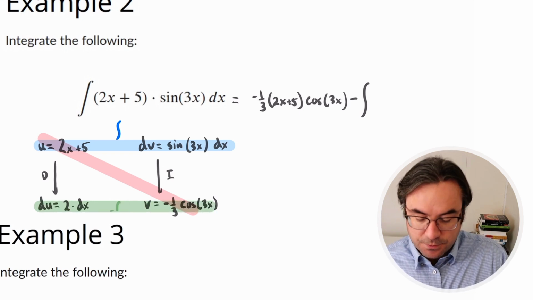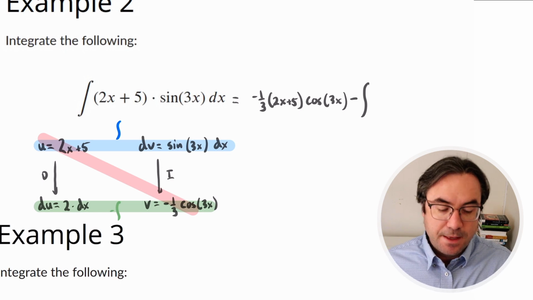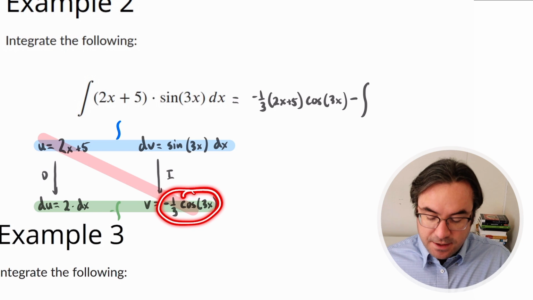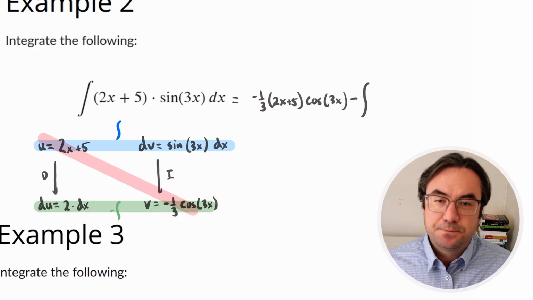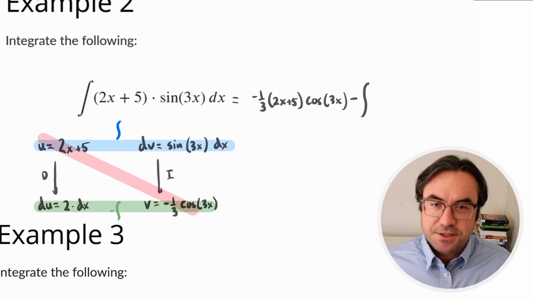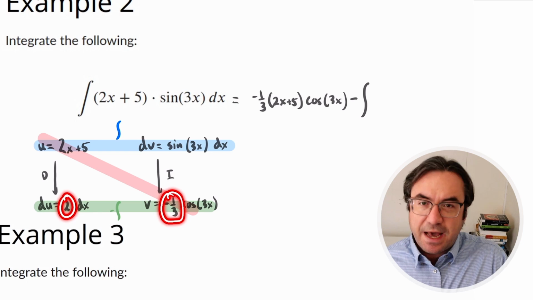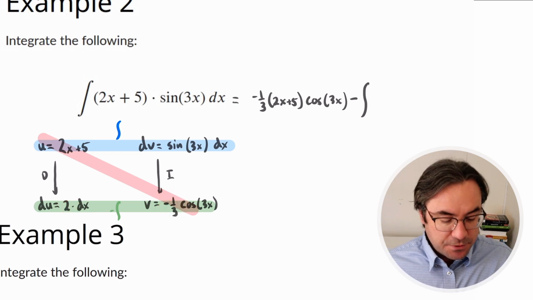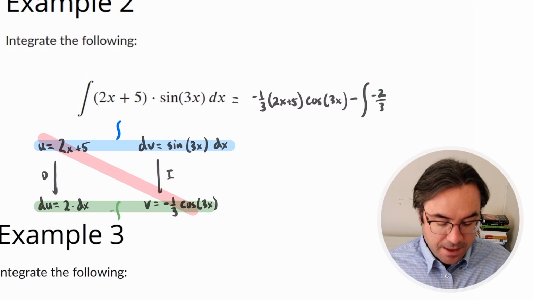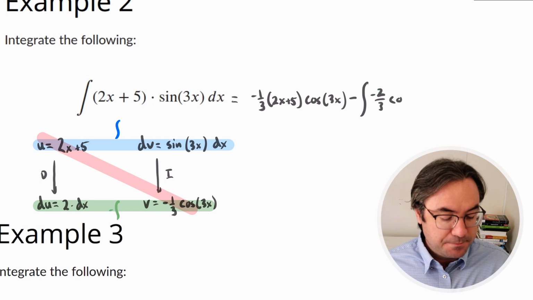For those terms, we're going to subtract and integrate. And again, it's going to be v times du. While you're doing this, multiply the constants together. So we've got this negative 1/3, and we've got a 2. Let's multiply those together, so we'll get negative 2/3. And then we've got our cosine 3x.